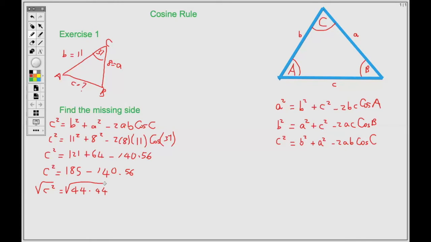To get rid of the square, we square root both sides. So here c is equal to, depending on how many decimal places your teacher wants, I'm going to write 6.6, or as a whole number, it can be 7. So c is equal to 6.6 or 7. That's it.